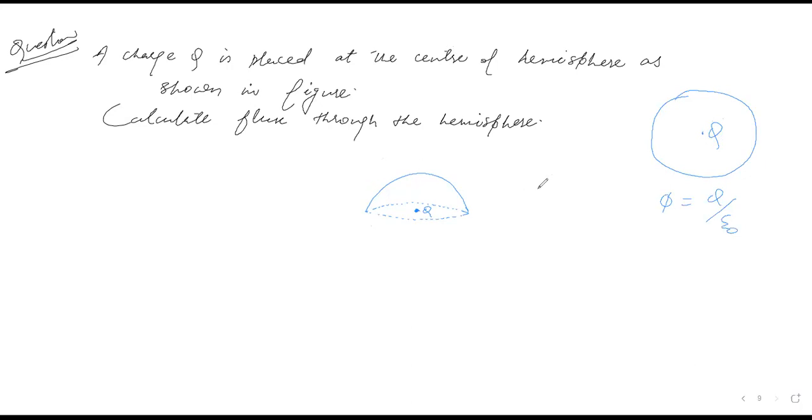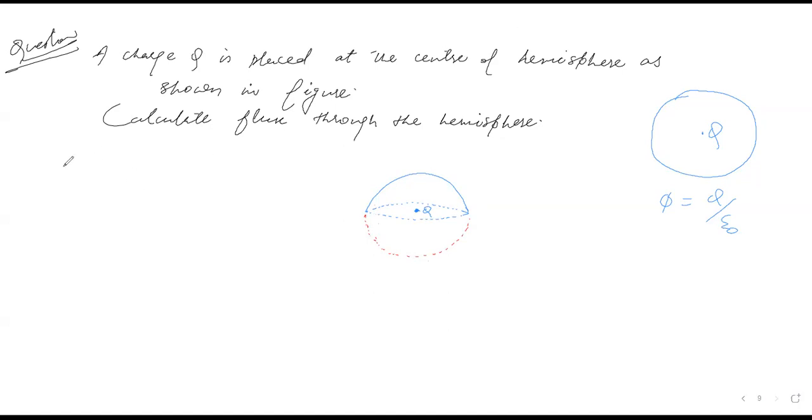So for solving such type of question, we are going to add another hemisphere in such a way that this hemisphere becomes a sphere. Am I right or not? Are you clear?